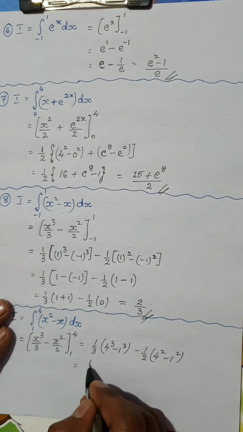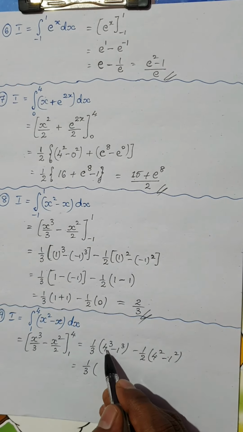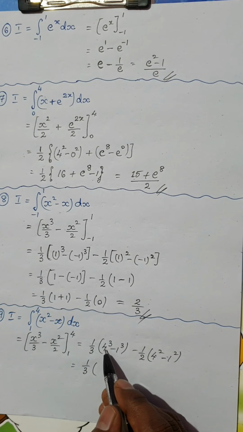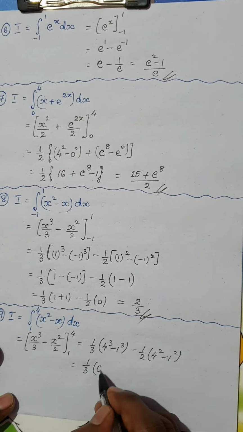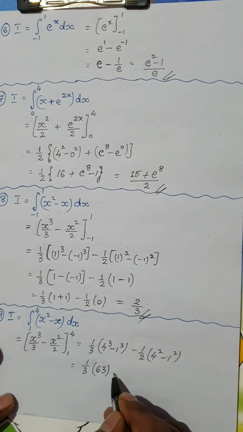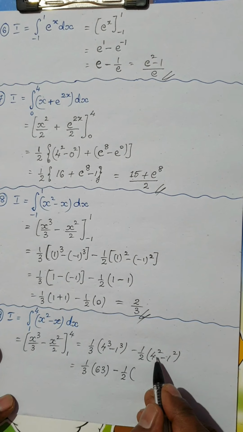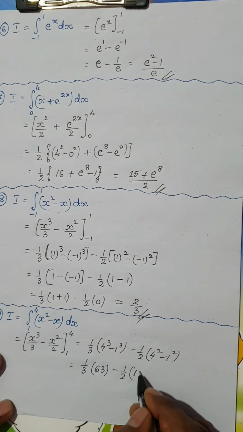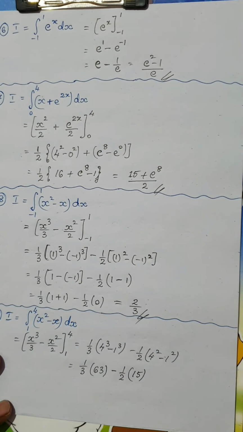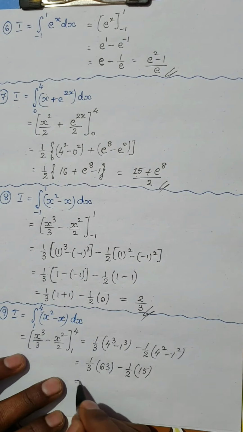So this is nothing but 1 by 3 into, you can do it directly. Now what is 4 cube? 4 4s are 16, 16 4s are 64. So 64 minus 1 cube would be 63, minus half into 4 square, which is 16, minus 1. So 16 minus 1 would be 15. So this would be actually 63 by 3.